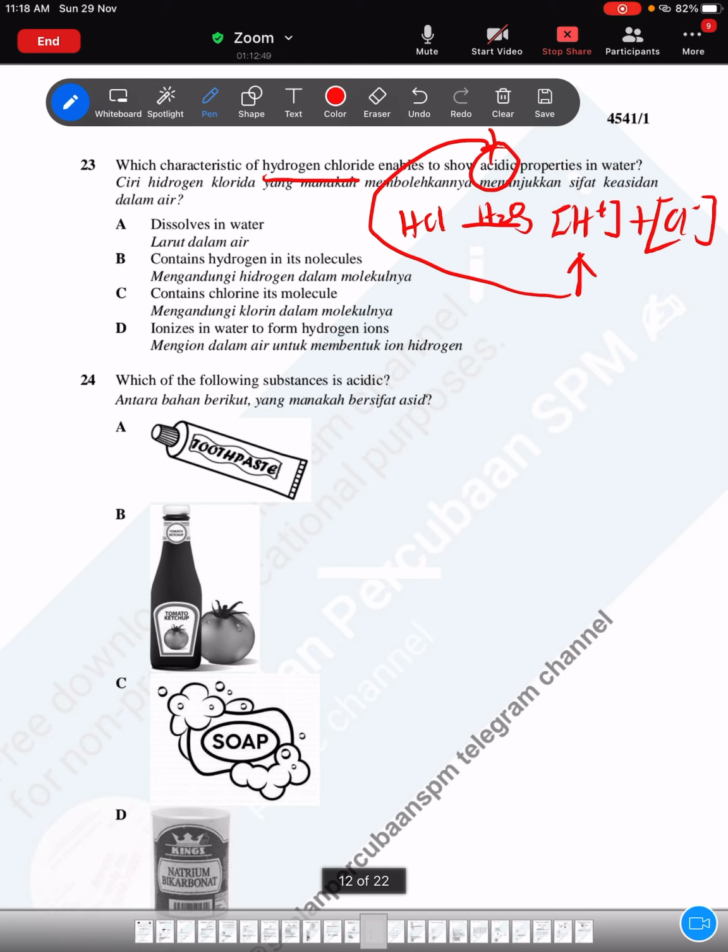Yeah, D is more precise. That's why, guys, when you are answering an objective question, don't just look at the first answer and feel, oh, this is correct, and answer straight away. That is wrong. If possible, look from A until D, then choose the more precise one. It ionizes in water to form the hydrogen ion. That's why HCl shows the acidic properties.